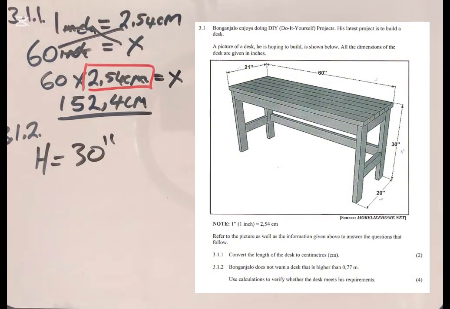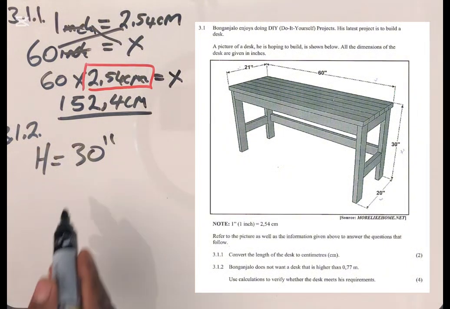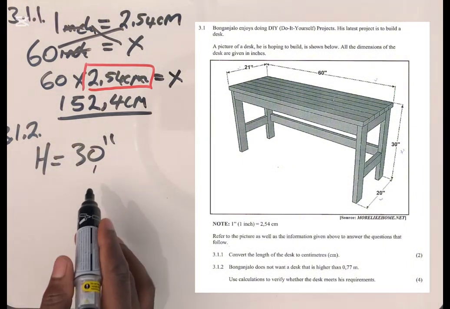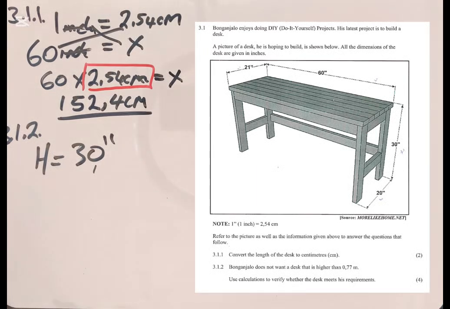We must convert this to centimeters, then from centimeters, convert it to meters to check if this is less than 0.77. If it becomes less than 0.77, we know that it met his requirement. But if this is bigger than 0.77, we can say that the desk does not meet his requirement.